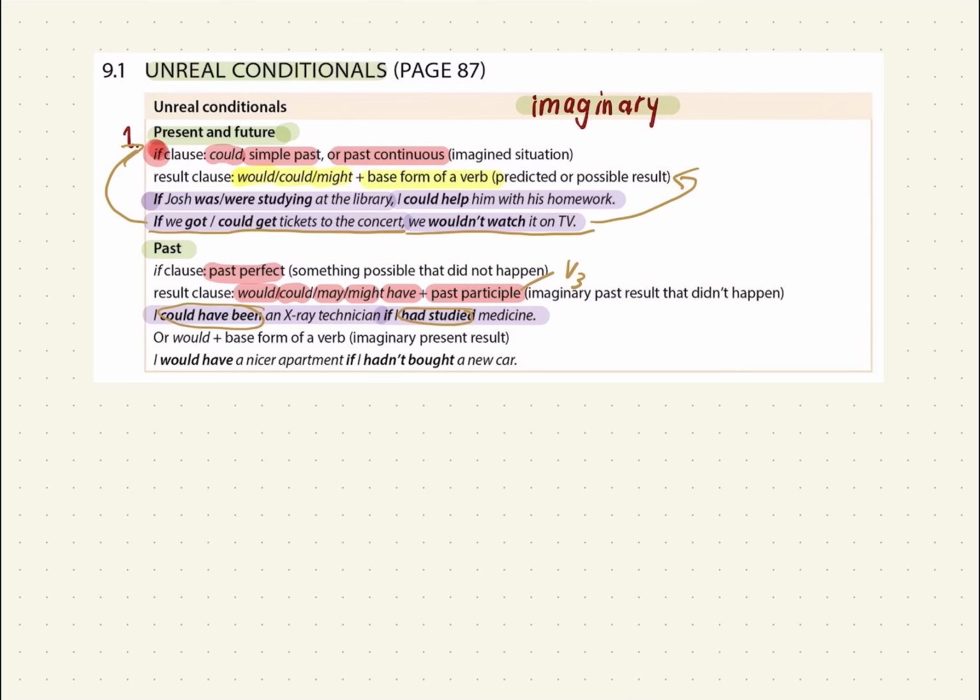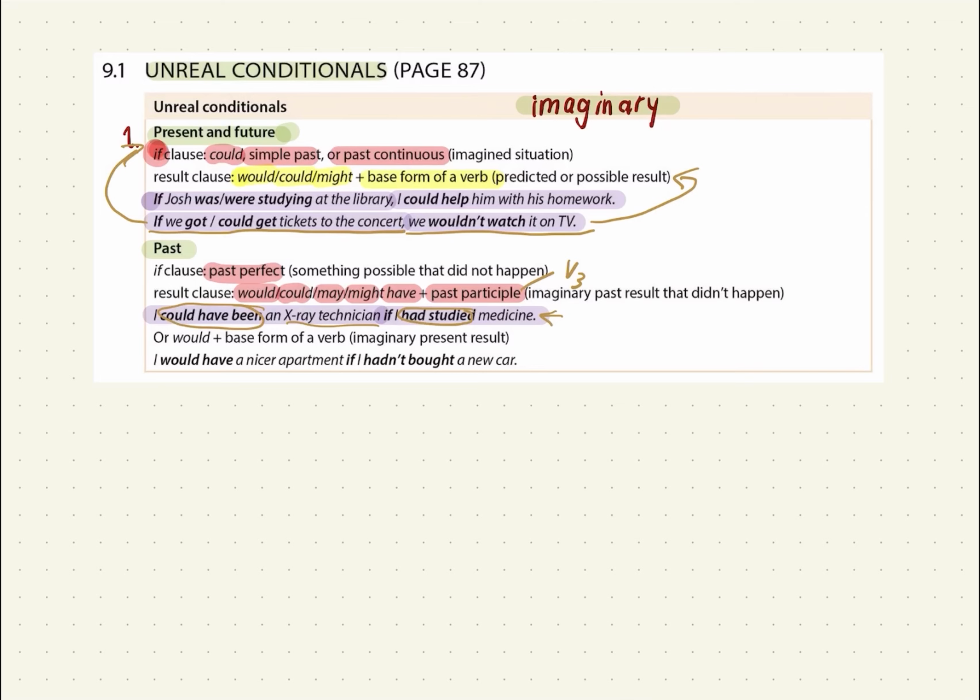Okay, here let's take a look at the meaning. The meaning of the situation is that you are just imagining that if you had studied medicine, now you could have been an X-ray technician, which now you are not. Your job is something else.